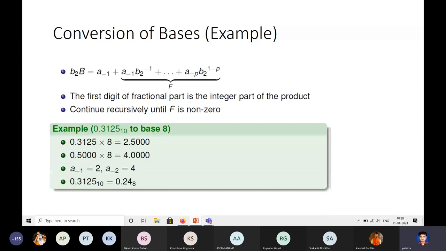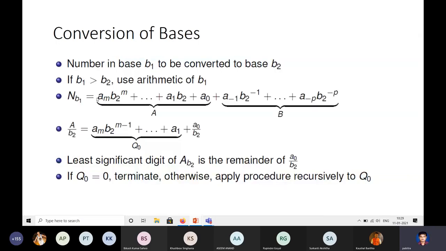One more point to be noted is that if you add leading zeros to the integer part, so that means if you have a_{m+1}, a_{m+2}, all these digits to be 0, the number remains unchanged. So adding leading zeros to the integer part doesn't change the value of the number.